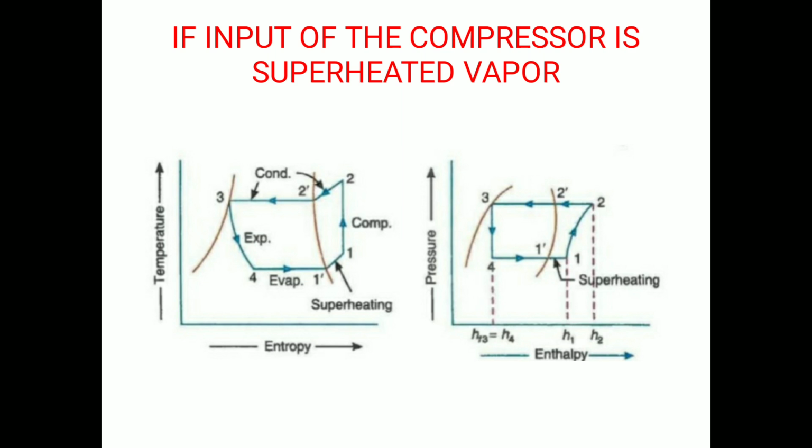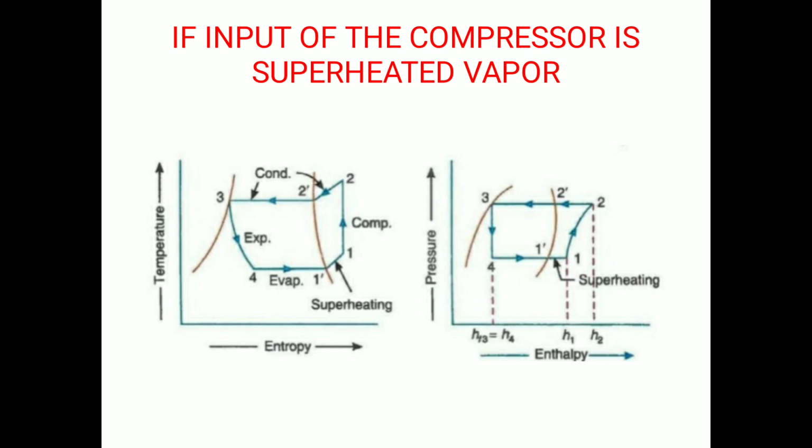If you observe the TS diagram, you can clearly see point 1 is in the superheated region. So after leaving the evaporator, some more sensible heat is added. That is why point 1 is shifted to the superheated region. So this is the case of superheated vapor.